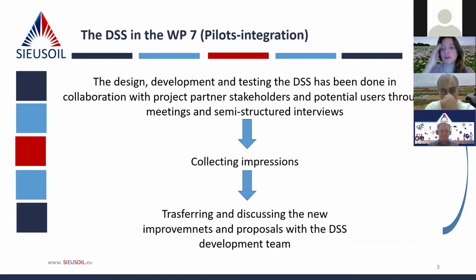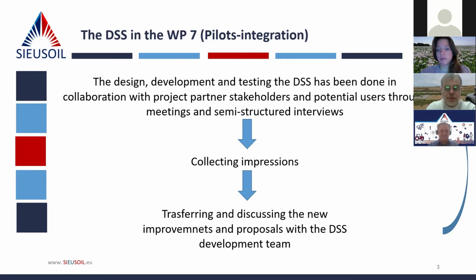The design, development and testing of the DSS has been done in collaboration with other partners and potential users. So we have been holding a lot of meetings and semi-structured interviews with external people from the project too, like consultants, farmers, and technicians.